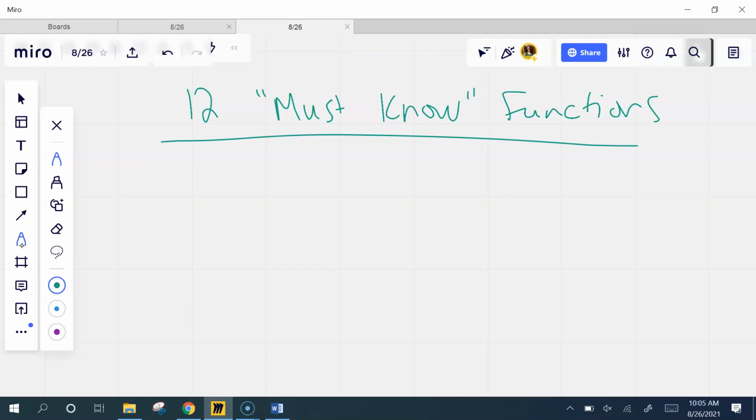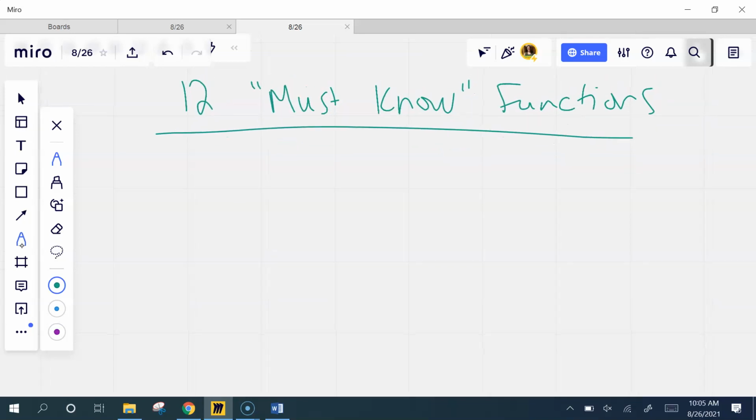So the first one that we are going to talk about is linear. You'll need to be precise in your graphing.